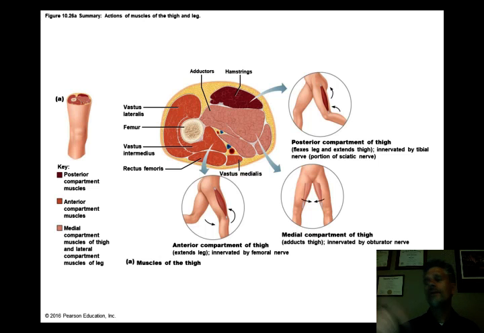Now these figures are just a couple of review figures at the end where we look at these different compartments and how the muscles on different sides of the limb can produce different actions. So for instance, on the anterior side, we're going to have that wrist flexion, right? On the posterior side, we're going to see that extension. And then on the medial side, we're going to see that adduction, adding it to the center mass.